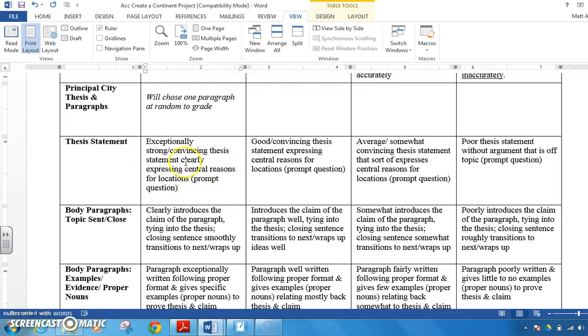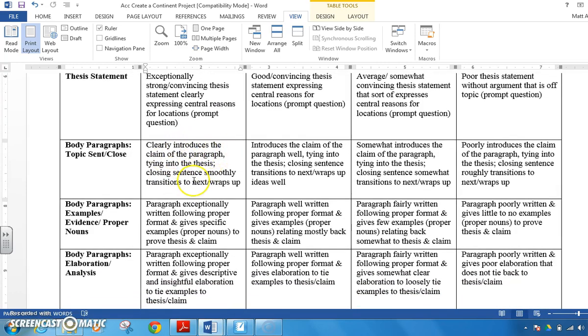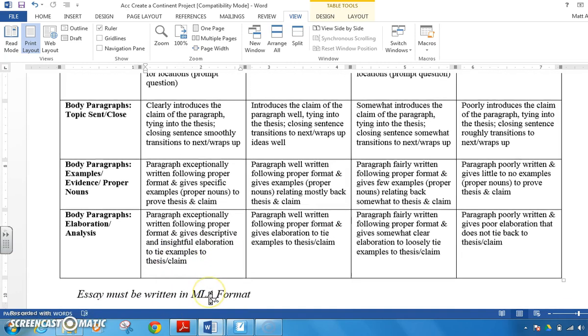So I'm looking for a strong thesis statement that expresses the central locations, an introductory sentence that clearly introduces the ideas, a closing sentence that smoothly transitions to the next, and then I'm looking for proper nouns, right? There's your proper nouns right here. And I'm looking for an elaboration that follows proper format and gives descriptive and, notice here's the key, insightful elaboration to tie examples to the thesis or the claim.